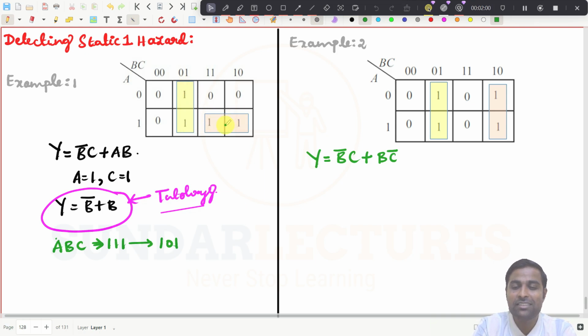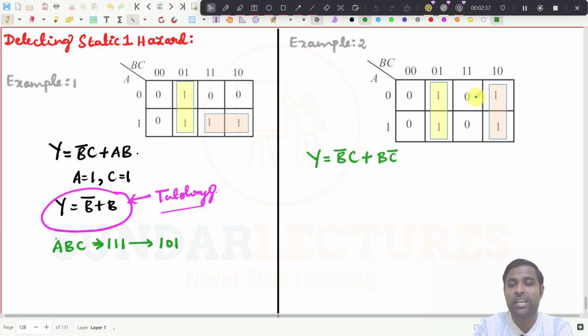These two are essential pairs, but these two ones can also be made into another pair, but we have not done that to minimize the expression. And if it is so, then a hazard will come. This is not covered by us, but you see in this example, is there any possibility to cover the ones in this grouping and in this grouping by combining any ones in these two groupings?